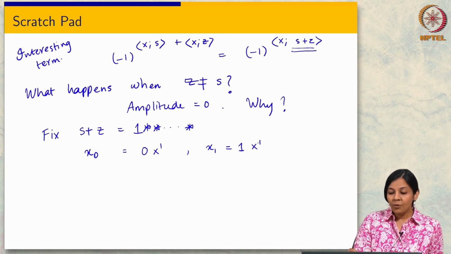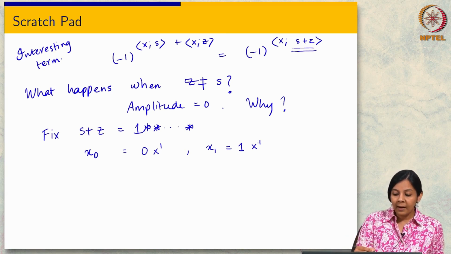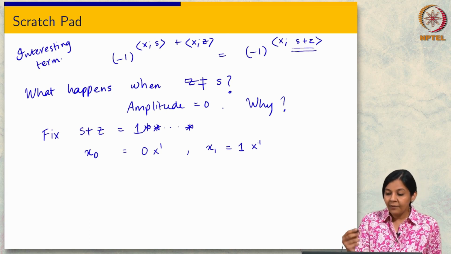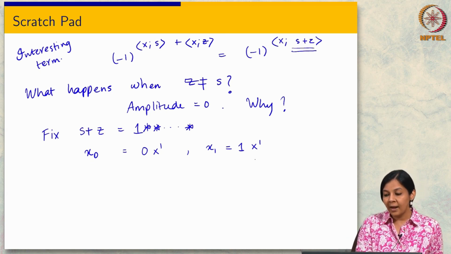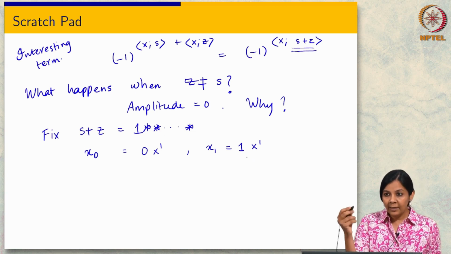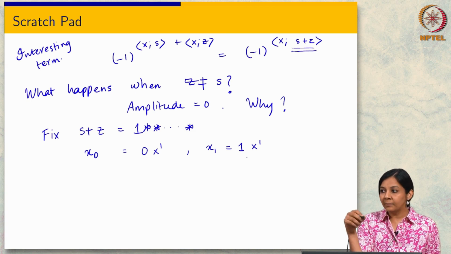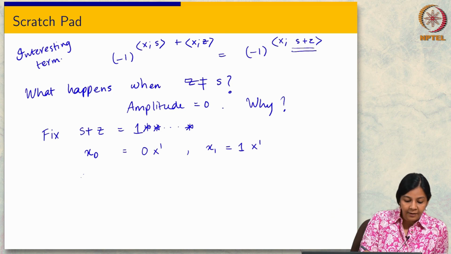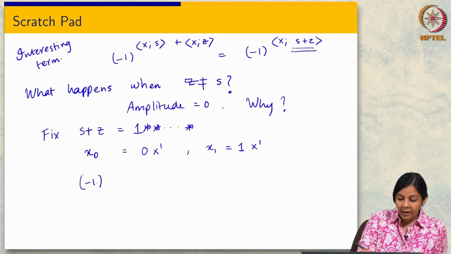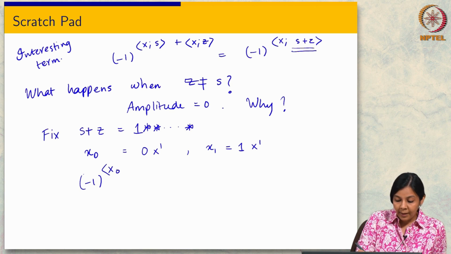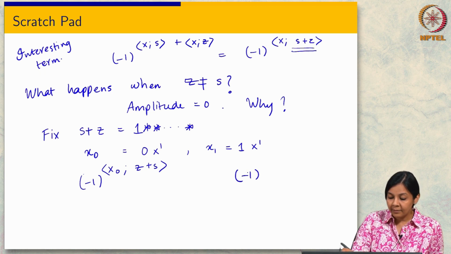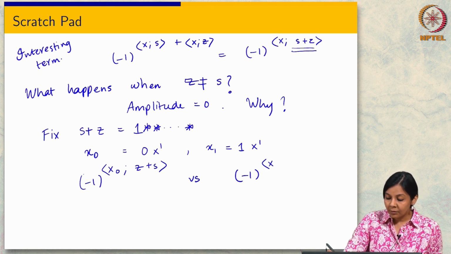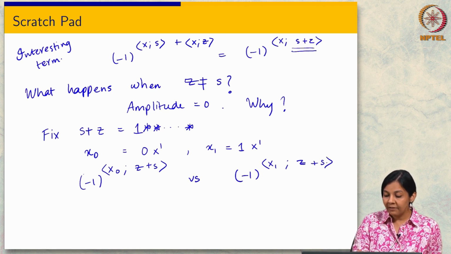Now, for every x0, I have an x1 which is going to lead to a plus 1 and a minus 1 correspondingly. So, my claim is that if I think of minus 1 to the x0 dot (z plus s), and a minus 1 to the x1 dot (z plus s), if I think of these.